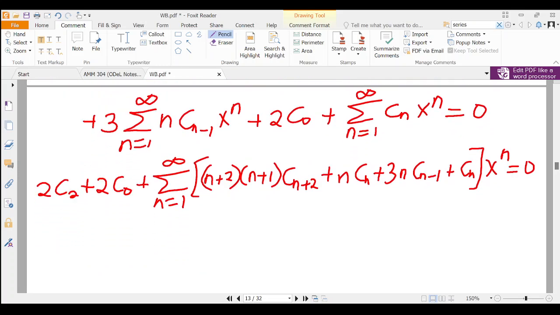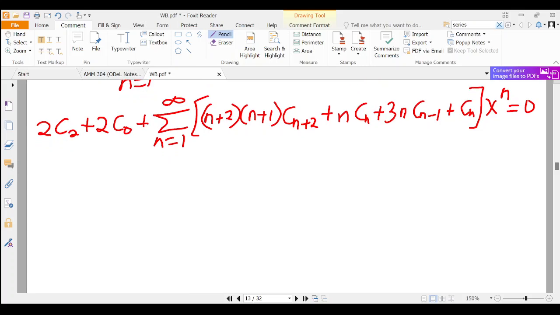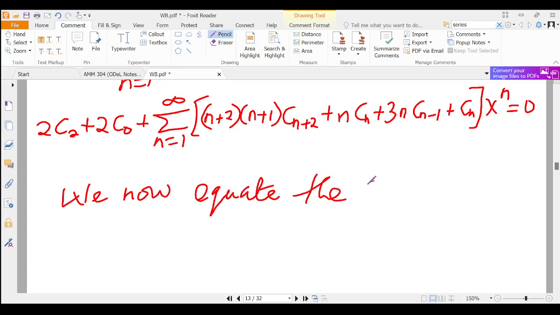Now, for the existence of this solution, all the coefficients must be 0. So at this point, we now equate the coefficients to 0.